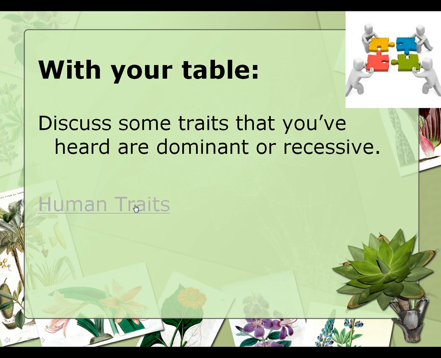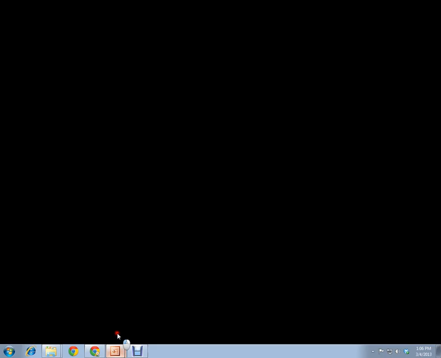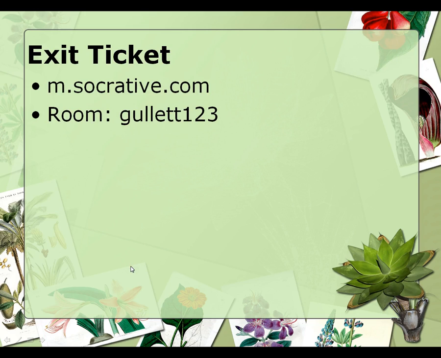I have a list of some human traits that are purely dominant or recessive, with the exception of number 1 and number 3 here. It says they're probably polygenic, meaning we're not quite sure yet, but we think it may be controlled by more than one gene. You can pause the video to take a look at these different items. And that's all for this set.